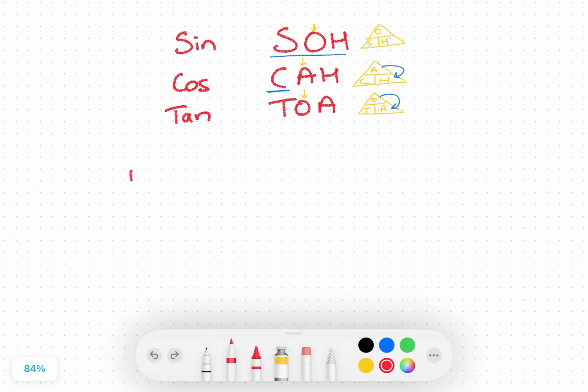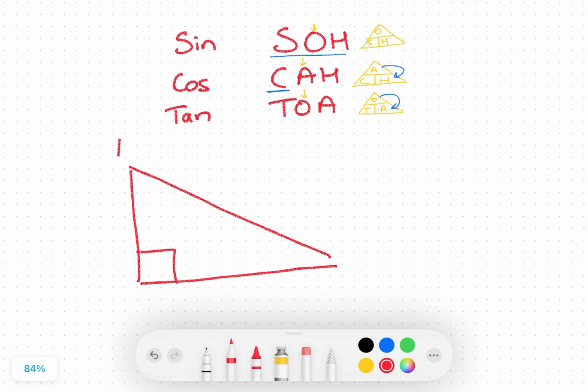You're going to have a scenario where you have a right angle triangle, A, B, C. You're given an angle. Say for example, you're given this and you need to find this. In every single question of trigonometry, you will actually be given only two sides.